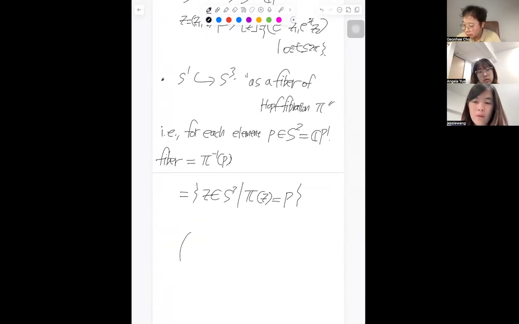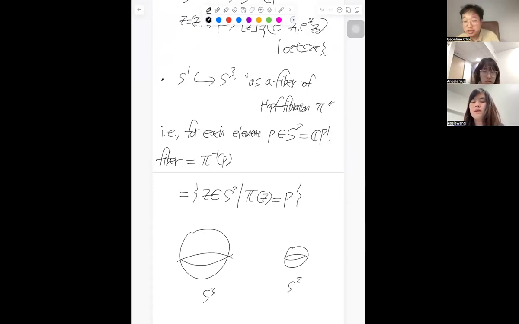So you can think of this as you have a three-dimensional sphere, and now you have a two-dimensional sphere. I cannot really visualize S3. So you have a map pi, then you choose the point P from here, and you are looking at all possible Z that map to P.